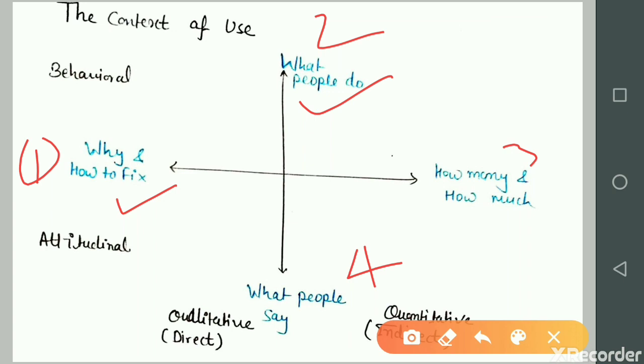This simply depends on the behavior of the people. And the third one is how many and how much, so it is related to the quantitative. And the last one is what people say. This is completely the attitude of a person, and it varies from person to person. So that is context of use.